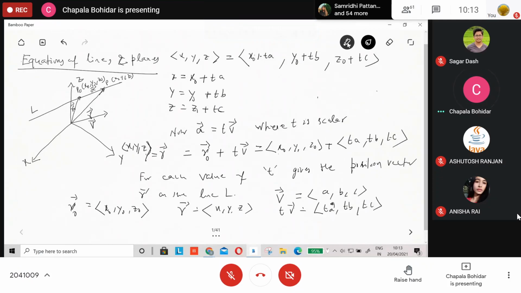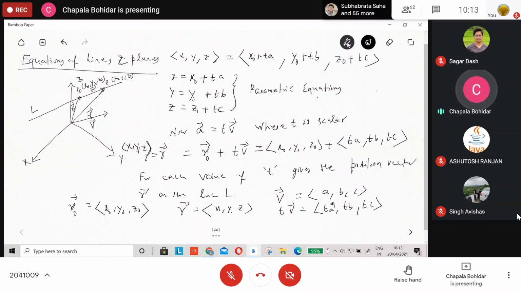So by comparing the coefficients of i, j, k on both sides, we get these three equations. But T is our parameter. These three equations are called the parametric equations, where T is the parameter, a scalar quantity.